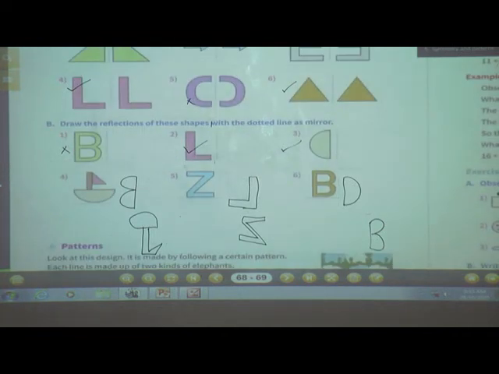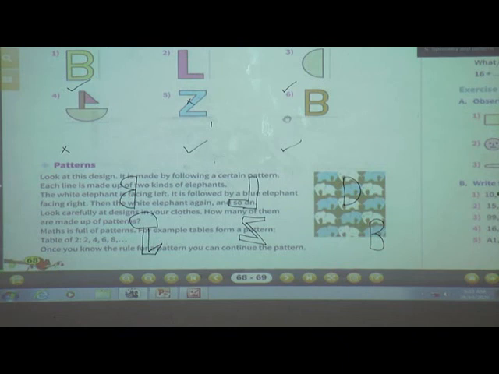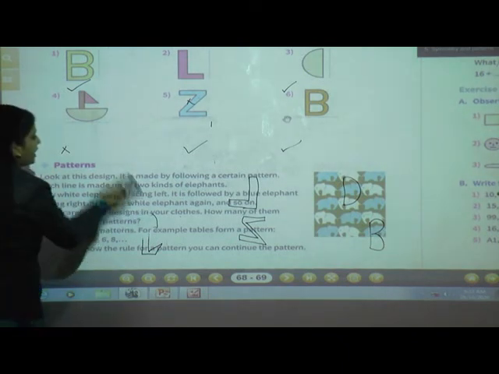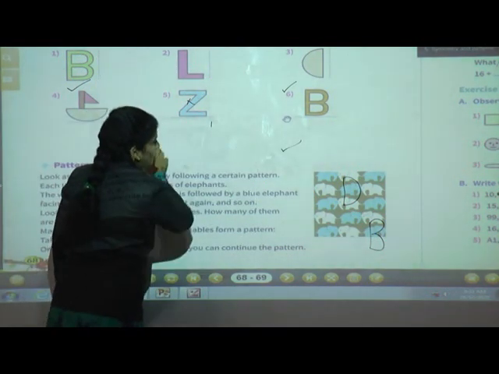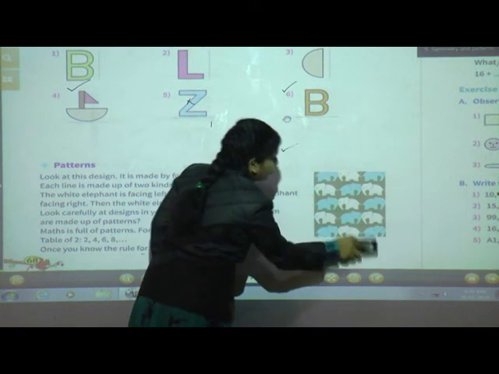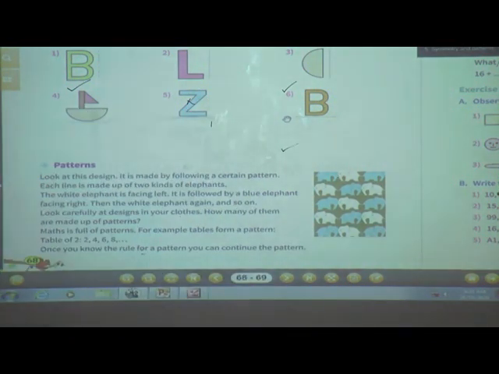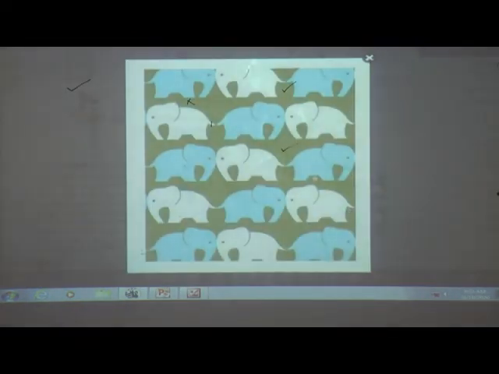Now, the next point, patterns. Okay, students, look at this design. It is made by following a certain pattern. Can you observe this? In this figure, each line is made up of two kinds of elephants. Can you observe it? Yes.